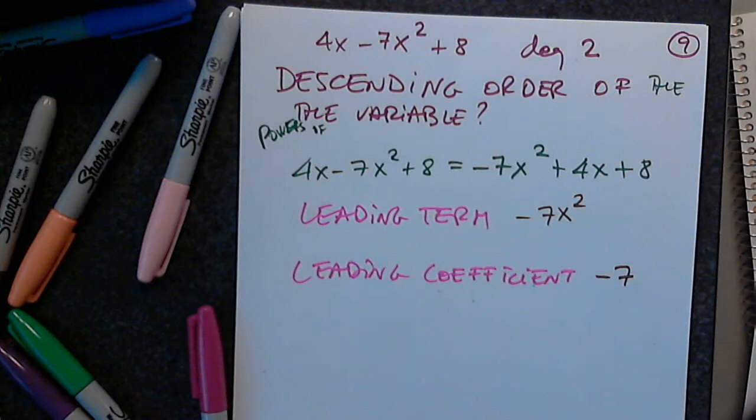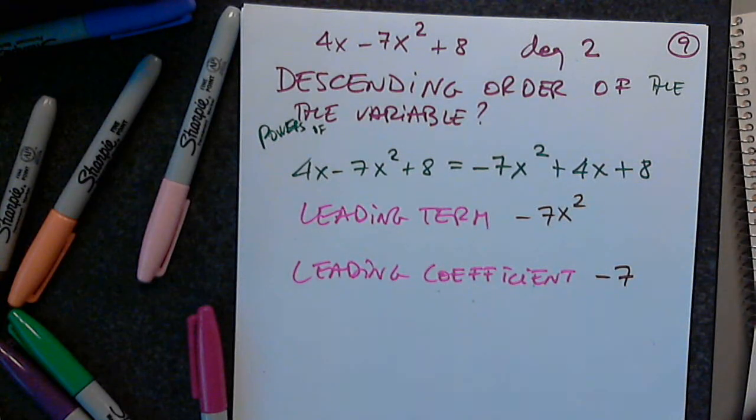Now, do you only put it in descending order to find the leading term and the leading coefficient, or are there other benefits to doing it that way? A lot. Yes, awesome question again. So here's an explanation, or just a couple of reasons. When we get in chapter 6 to solve quadratic equations by factoring, if we don't arrange the polynomial in descending order, we will not be able to factor.